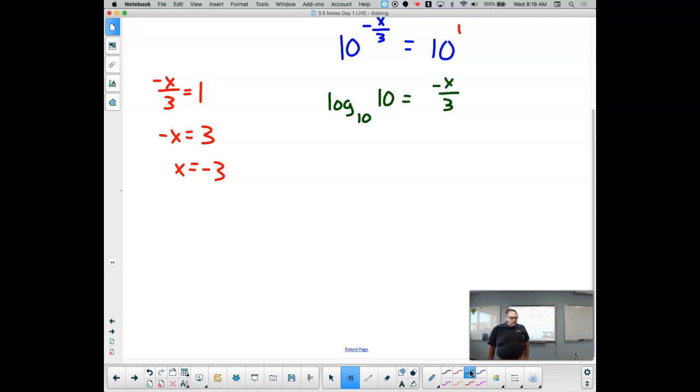And one of the log properties that we learned the other day was that if we have log with the base of the same thing as the argument, then that's just equal to 1. Log base 10 of 10 is equal to 1, so 1 equals negative x over 3. And now again, I multiply by 3, and I get negative 3 equals x.